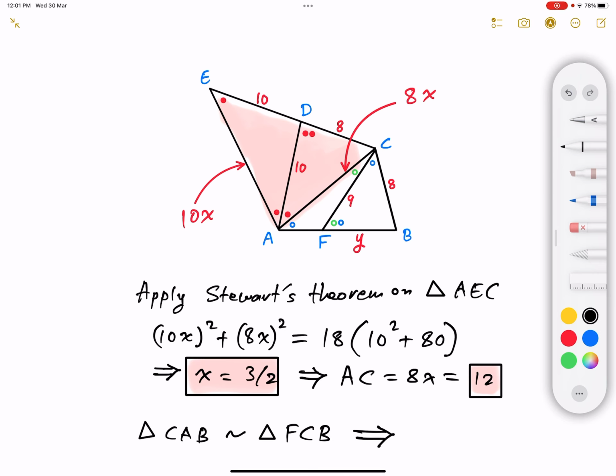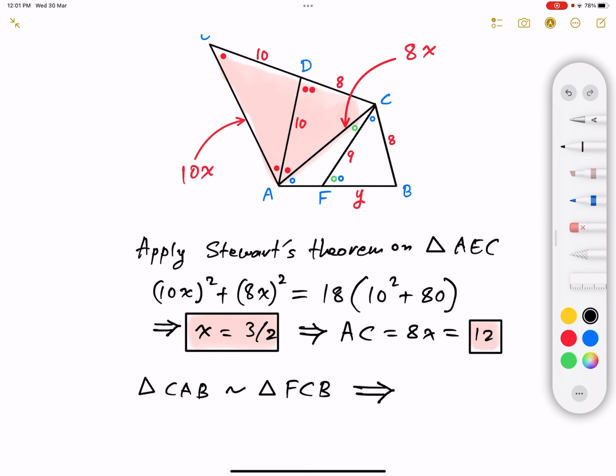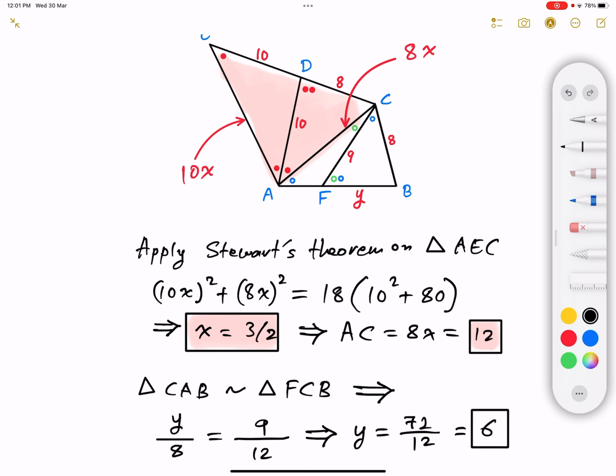Based on that, the proportions of the lengths of the two triangles are equal. So y, which is the unknown length that we want to calculate, divided by 8 is the same as 9 divided by 12. From that, we can solve for y. Y is going to be equal to 72 divided by 12, so that's going to be equal to 6. And that's the solution to this problem.